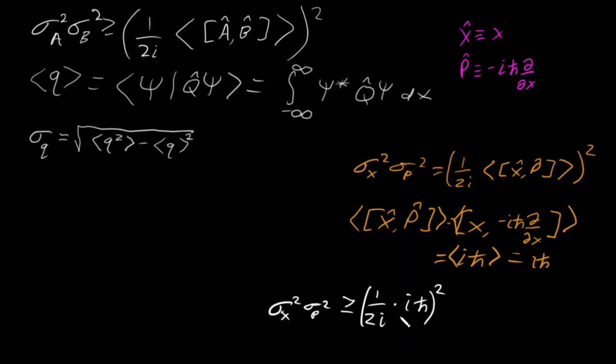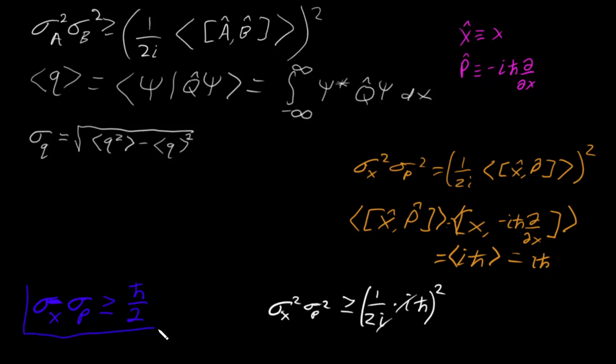So these i's are going to cancel, and then we square root the whole thing. Sigma x, sigma p is greater than or equal to h bar over 2.